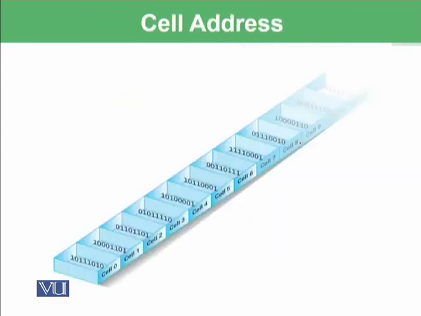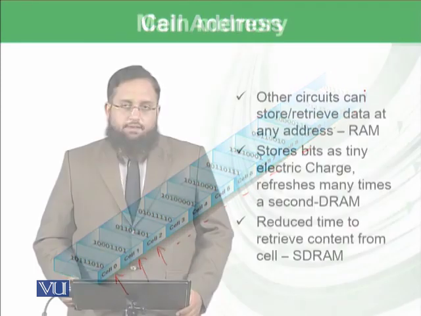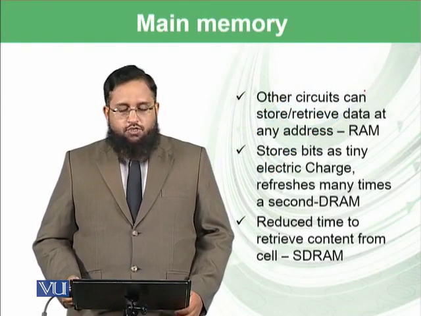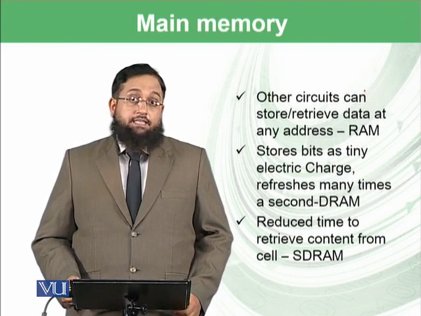And each cell has a cell address. Starting from cell 0, cell 1, cell 2 and so on, we have trillions of cells and each cell has a cell address starting from cell 0. So other circuits in the computer can store and retrieve data in each cell.